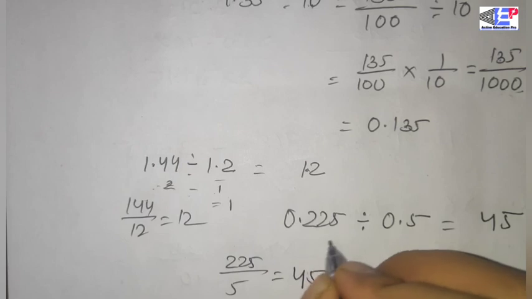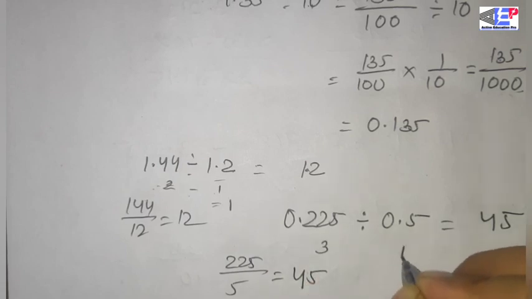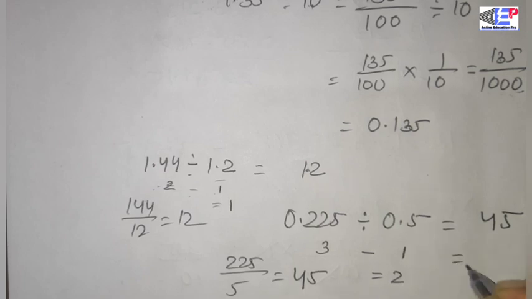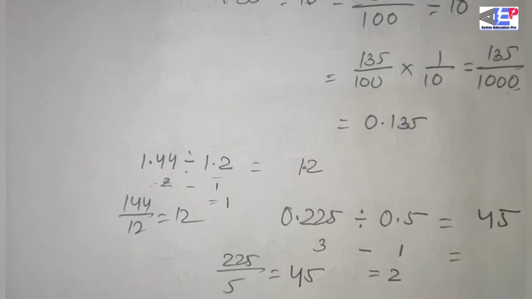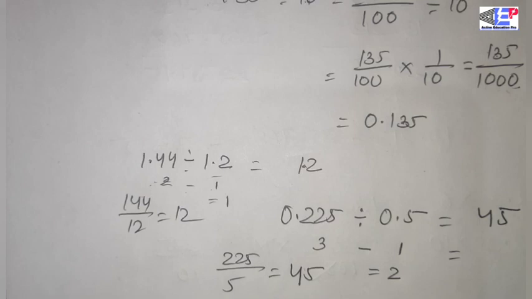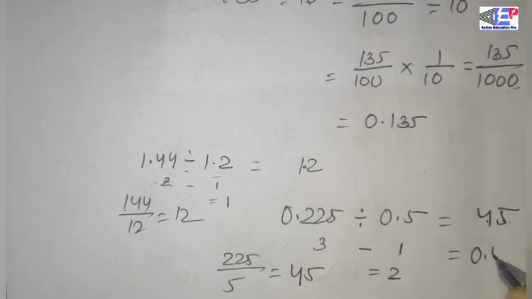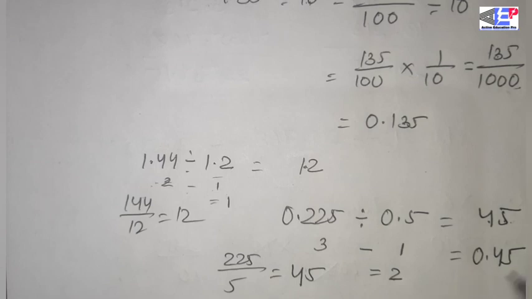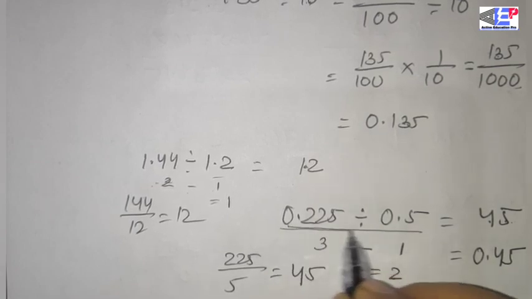But look here, there are 3 decimal places and here is 1 decimal place. So 3 minus 1 is equal to 2. So here you have to put the decimal point after 2 digits from right to left. When you move from right to left, you have to put the decimal point after 2 digits. 1, this is 2. So 0.45 is the actual answer of this division problem.